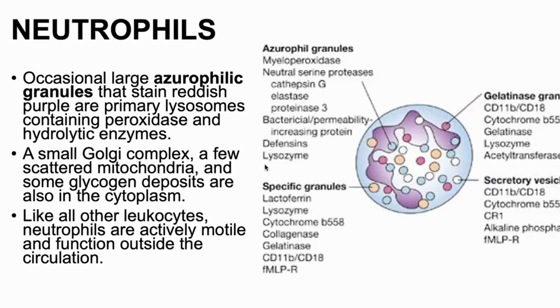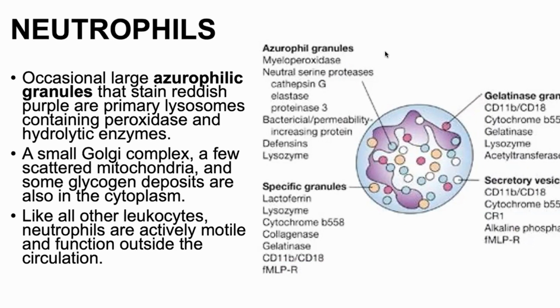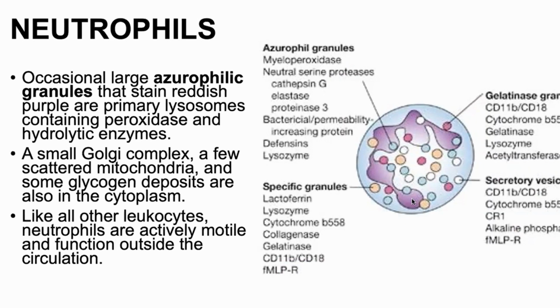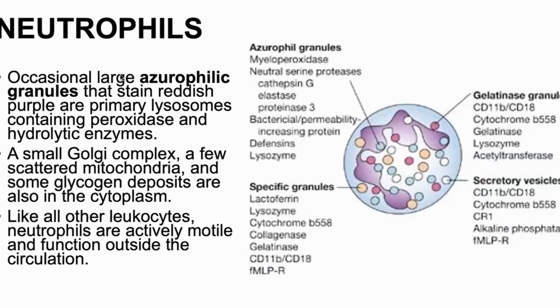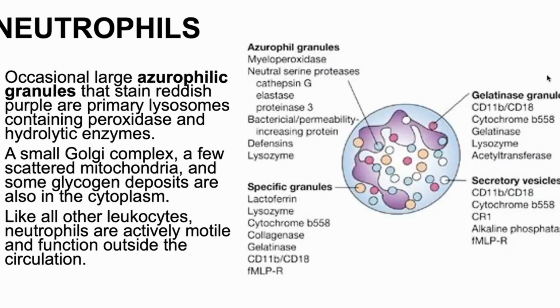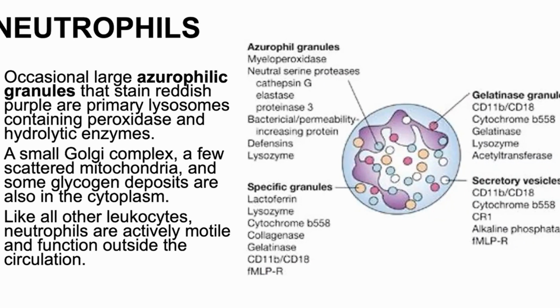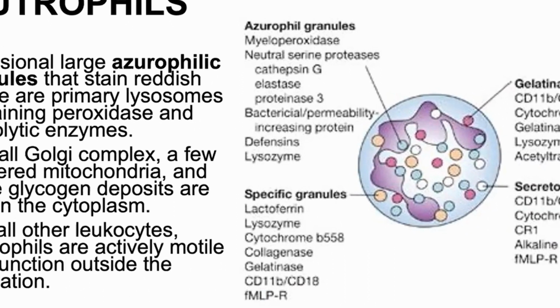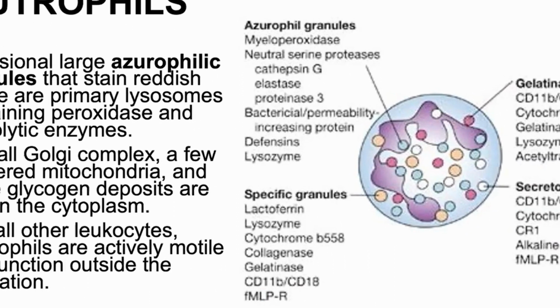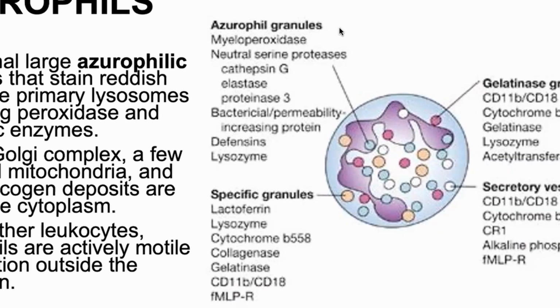So the neutrophils have azurophil granules, specific, primary and secondary granules. Occasionally, large azurophil granules that stay reddish purple are the primary lysosome. They have primary lysosome, secondary lysosome. These azurophilic granules contain myeloperoxidase.